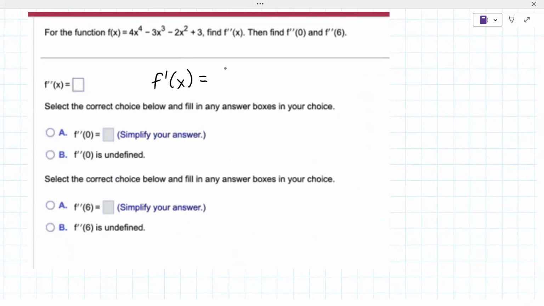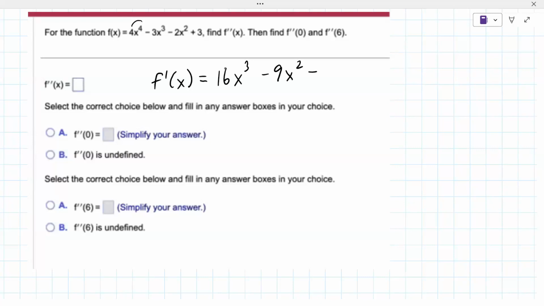4 times 4x to the 4 minus 1, good. 16x cubed. Keep going. Then 3 times 3x to the 3 minus 1, which is 9x squared.